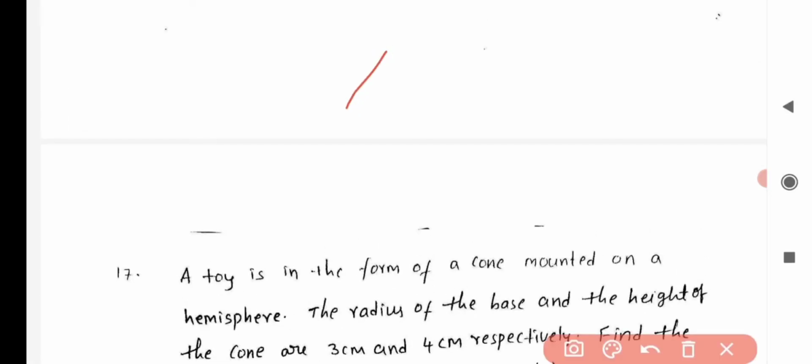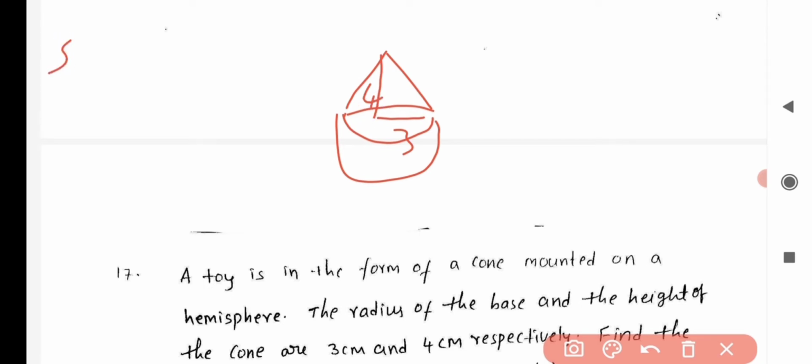So this is the cone. Mounted on a hemisphere means like this. Okay. So already given, the radius is 3 and height is 4. So now find the surface area of the toy.